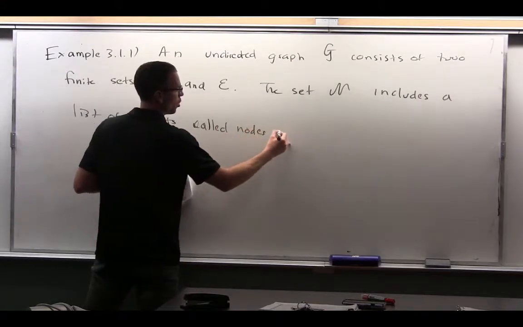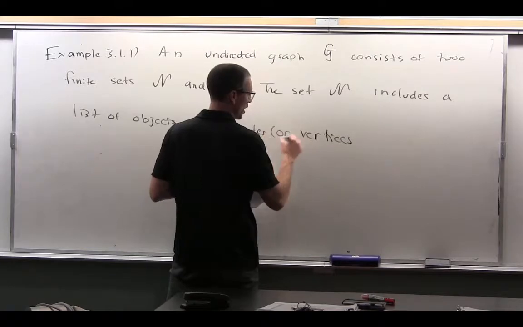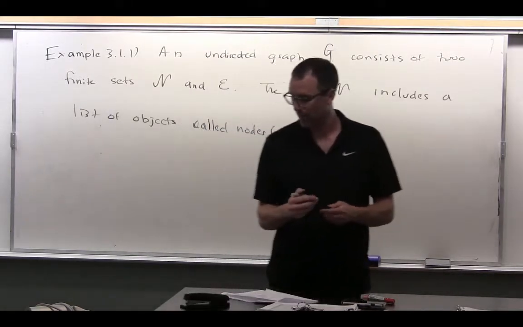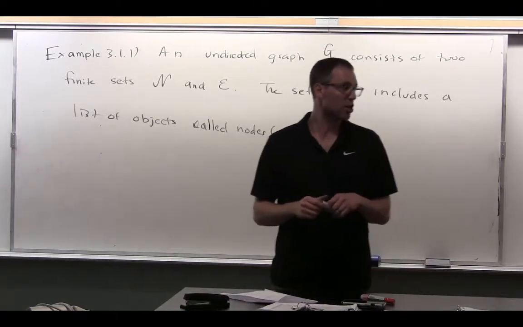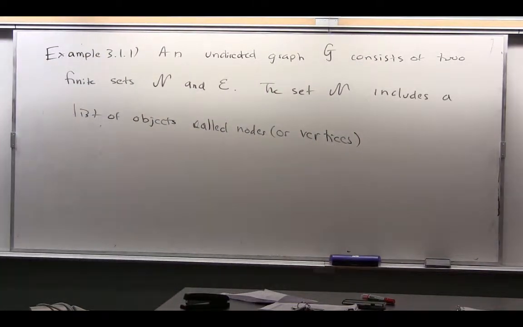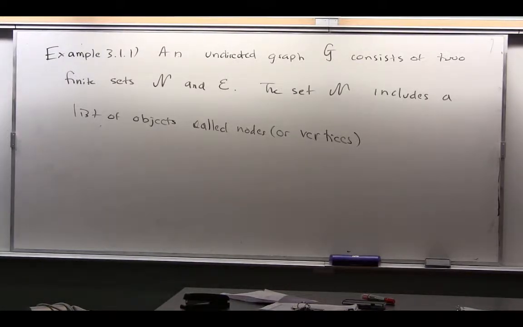nodes or vertices. In this class, when we're talking about directed and undirected graphs, I will try my absolute best to focus on calling these things nodes. Vertices usually imply that we have a Cartesian coordinate system imposed on every single node.